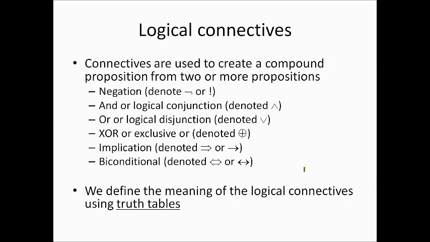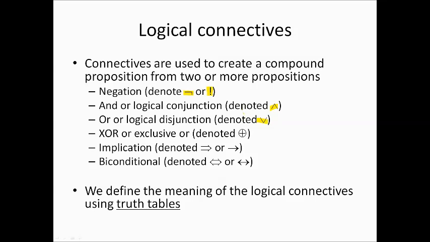So logical connectives. Of course, if there is a meaning for the logical connectives, we are using symbols as well. For the negation, we can use this symbol or the exclamation point. Okay? For the and, or logical conjunction, it can be denoted by this symbol. And then for the or, logical disjunction, we use this symbol.